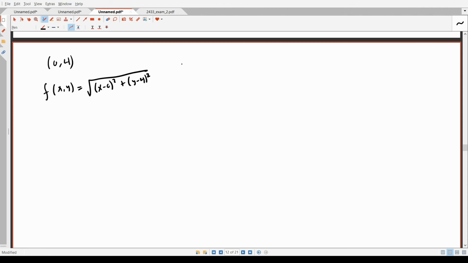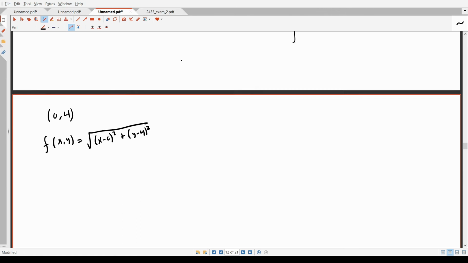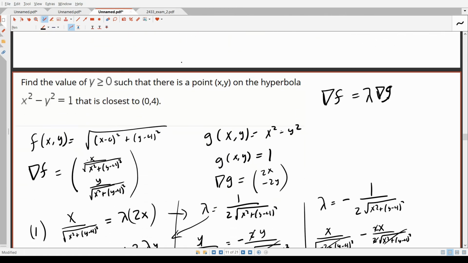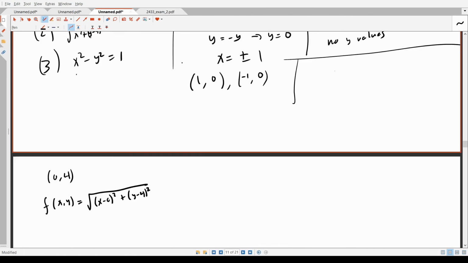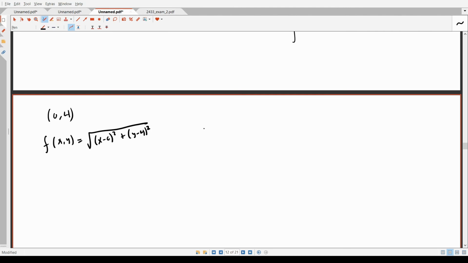But we have the constraint that it has to satisfy x squared minus y squared equals 1. So we have this constraint, x squared minus y squared, and that has to be equal to 1.